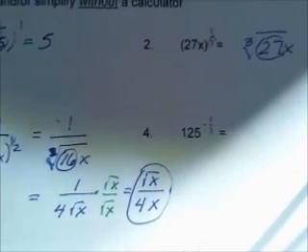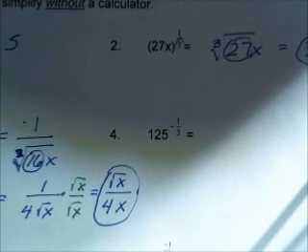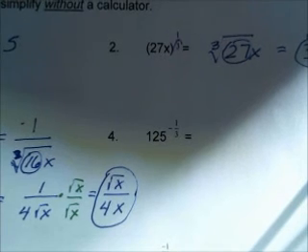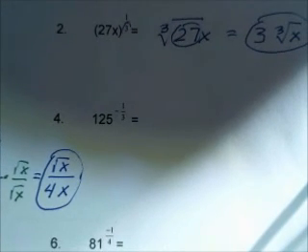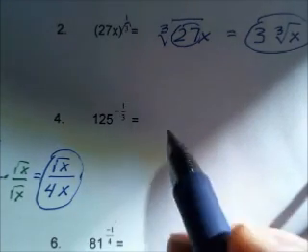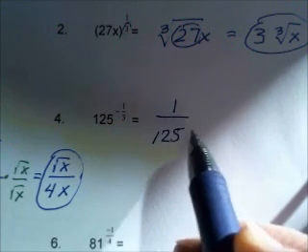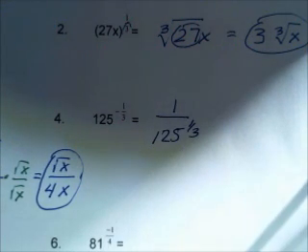Number 4, 125 to the negative 1/3. Again, take care of this negative first. We would write it as 1 over 125 to the positive 1/3.